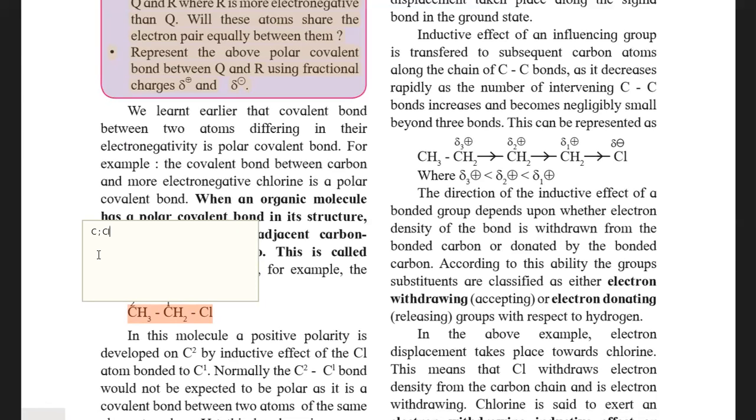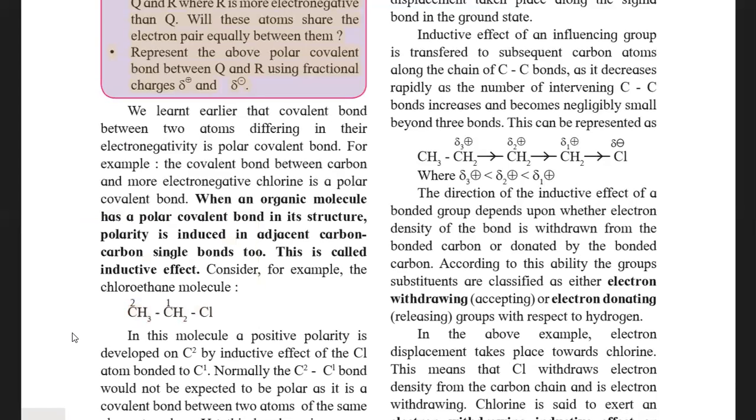If we consider the electronegativity between carbon and chlorine, here the chlorine is more electronegative than carbon. Therefore, these electron pairs present between carbon and chlorine are attracted towards chlorine more and carbon less, because chlorine is more electronegative than carbon.